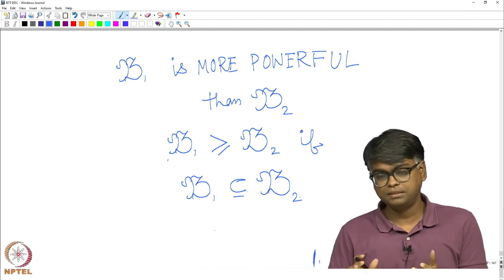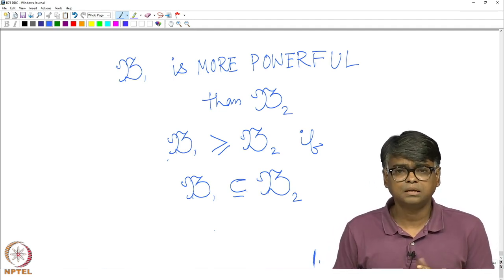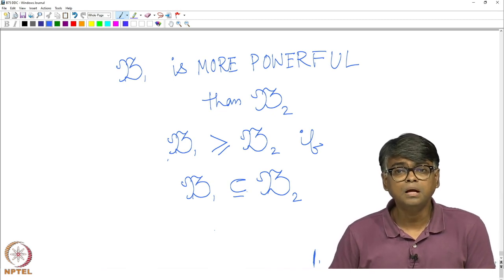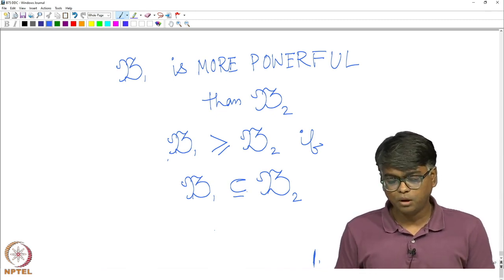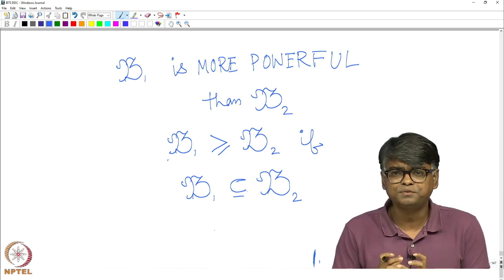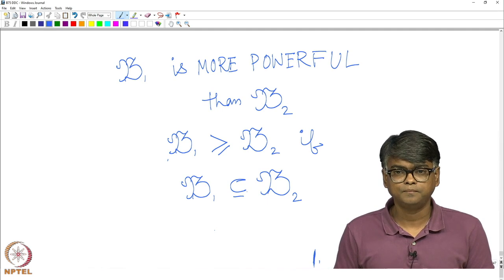You may ask, this may seem a little counterintuitive, why are we calling this more powerful when this certainly is a smaller set? But you see, here a smaller set is actually better, because smaller set means you are putting more restrictions. You are going even closer to the data.